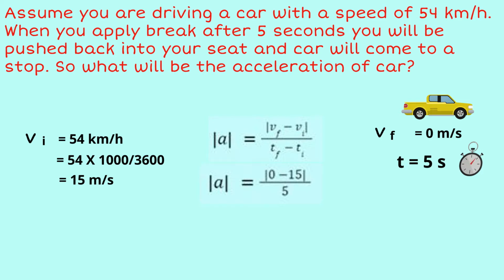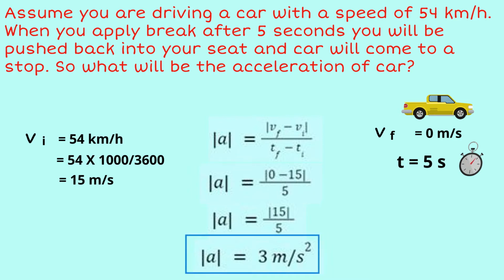As we know, absolute value is always positive, thus absolute value of 0 minus 15 will give us plus 15, right? So we will get 15 upon 5 is equal to 3 meter per second square. Thus the magnitude of acceleration of the car is 3 meter per second square.